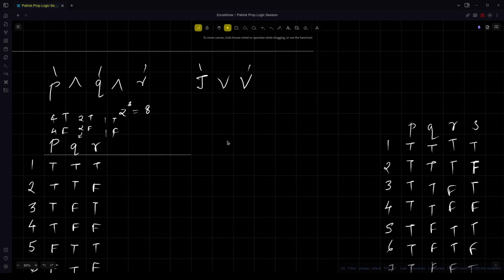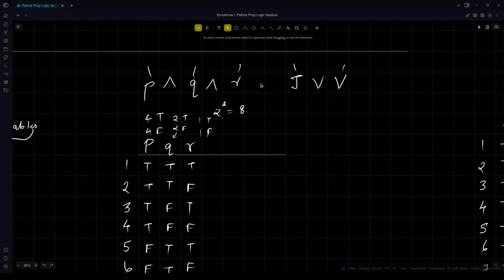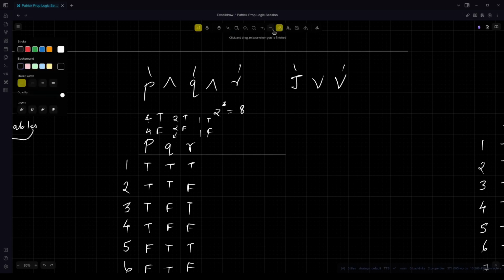So now we want to build the truth table for this, right? How will we do that? We have declared the propositional variables. Do we put a column for the conjunction?